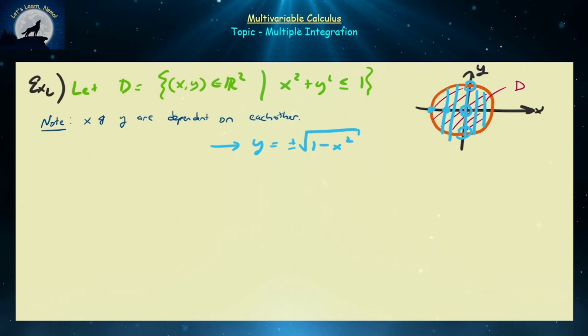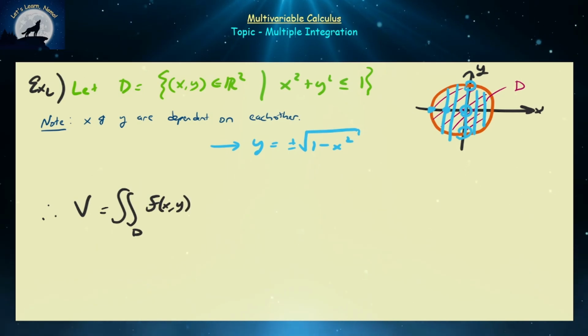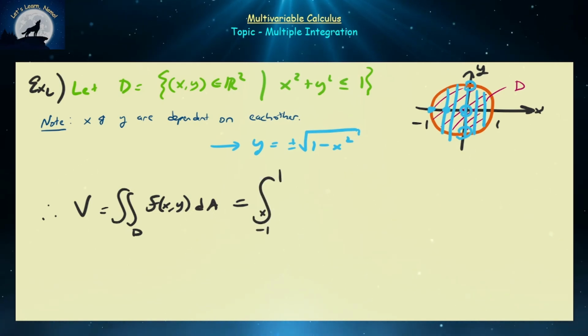Okay, so if this is the case, how would we write our volume integral? So V, generally speaking, is the integral over D of some function which can be defined up to your choosing. This is going to be equal to what? So let's integrate from -1 to 1 with respect to x, and then let's let y depend on x, but you could do it the other way around if you really wanted to. So x is now going to be chosen.